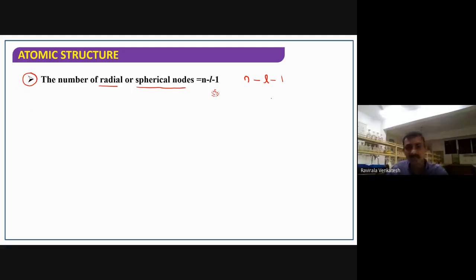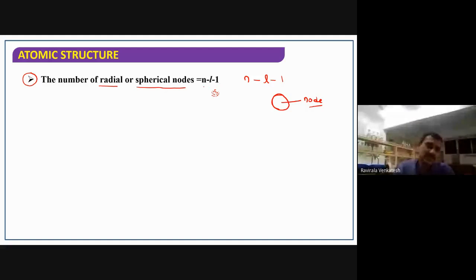The empty space is called a node. The probability of finding the electron is 0 is called a node, and the probability of finding the electron is 95% is called an orbital.